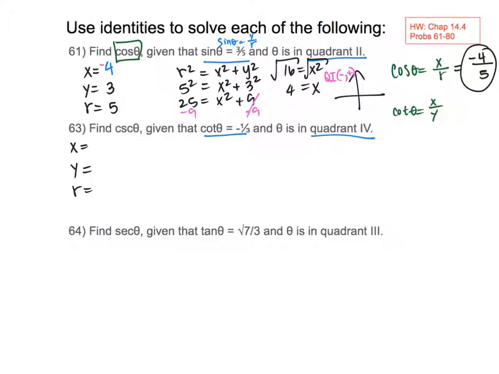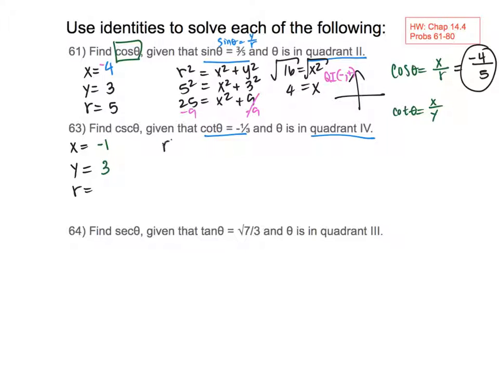So in that case, you know that this negative 1 here is your x, and your y here is your 3. So you don't know what r is. So we're going to have to find r using the Pythagorean theorem.